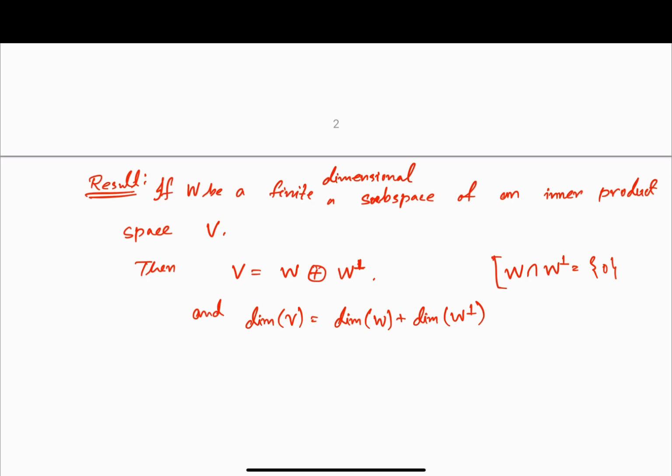Direct sum means that W intersection W perp is the zero singleton, and the dimension of V is the dimension of W plus the dimension of W perp. Okay, we will use this result to find the dimension of M perp.